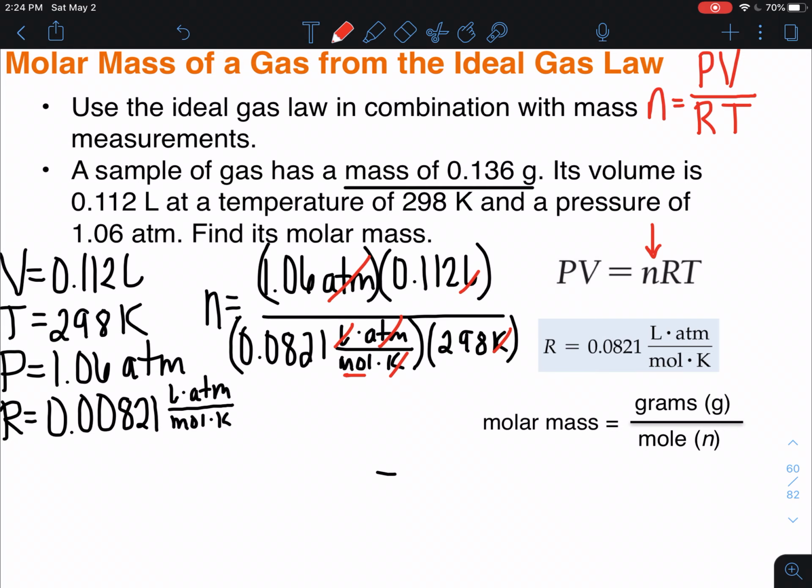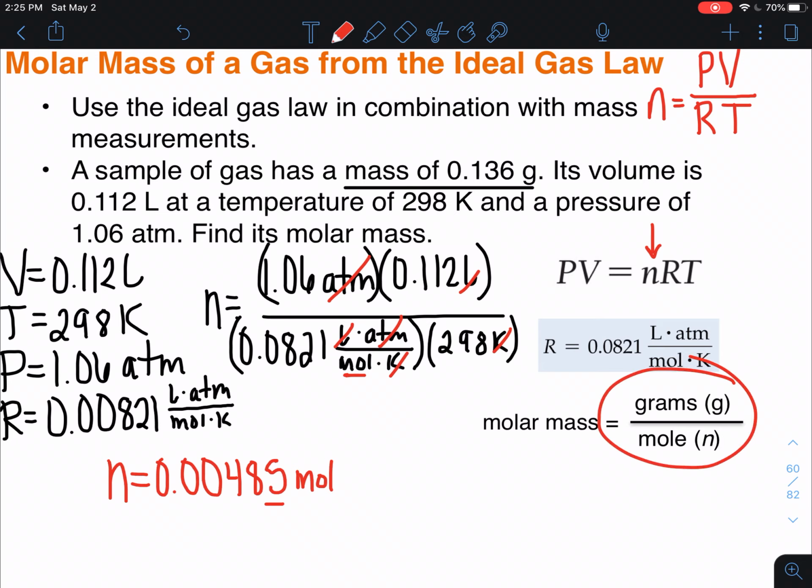And that's going to give me an n value of 0.0048524. Long story short, because we're working with 3 sig figs across, we're stopping here, so I can erase that, and that's going to be in mole.